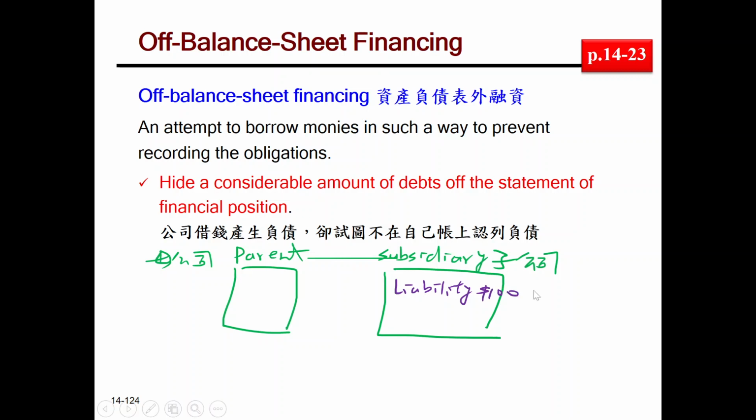So did you find out? As the parent, I don't need to do it. I ask the subsidiary, 子公司, to borrow money for me, so the liability is on the subsidiary's financial statement, right?